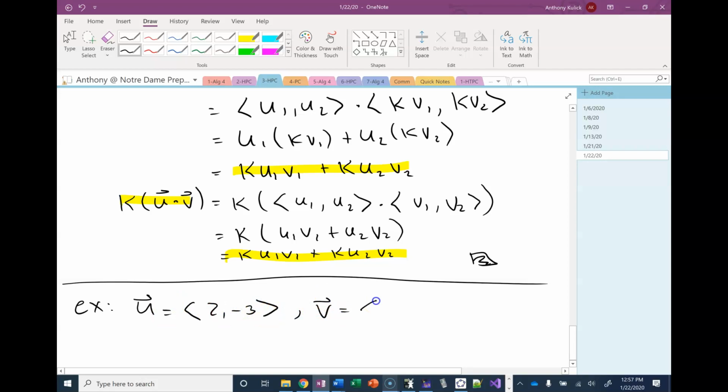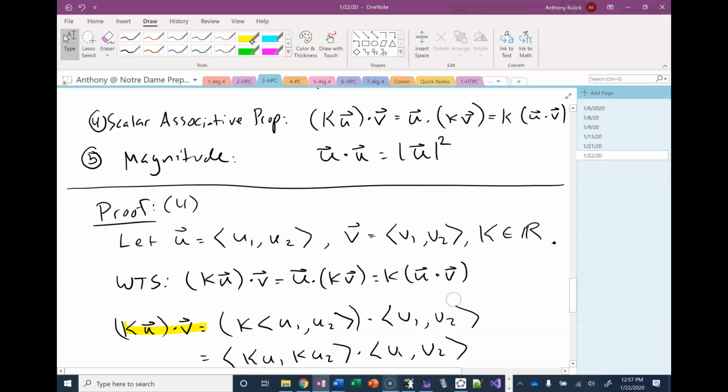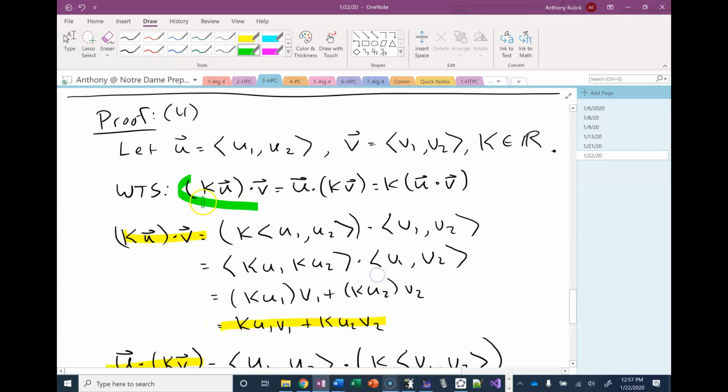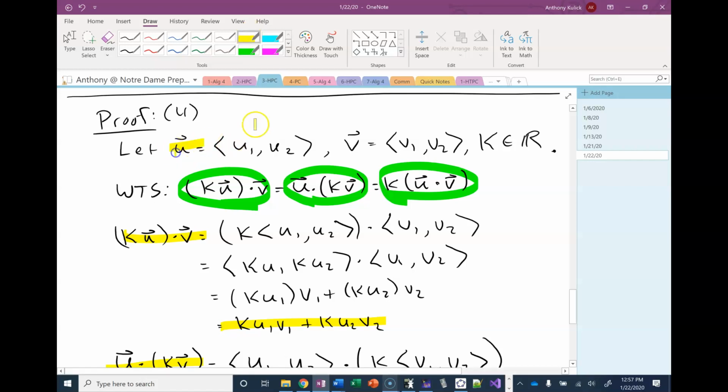So what did we just do? We proved property 4. How? Okay. How do you show that? So we wanted to show that these three things are equal, right? What I did is I picked an arbitrary value for vector u, an arbitrary value for vector v, and an arbitrary real number.